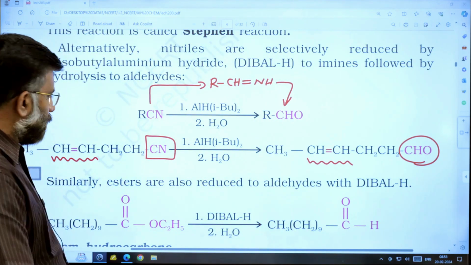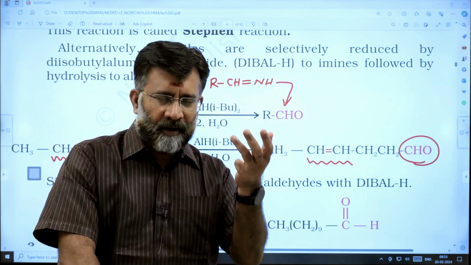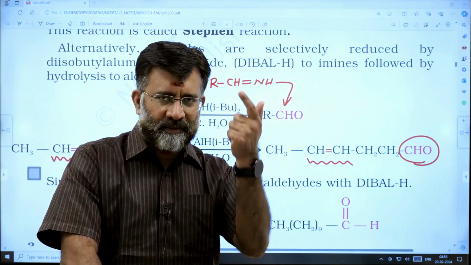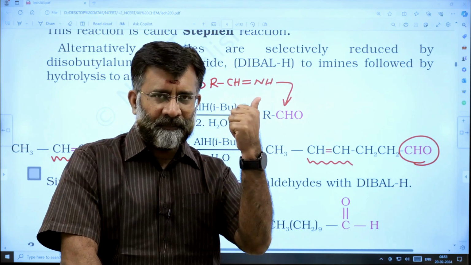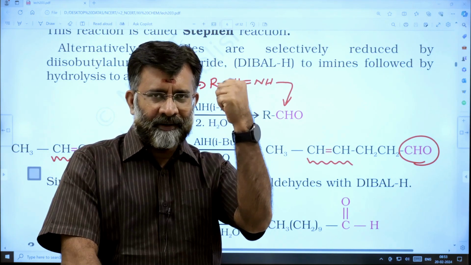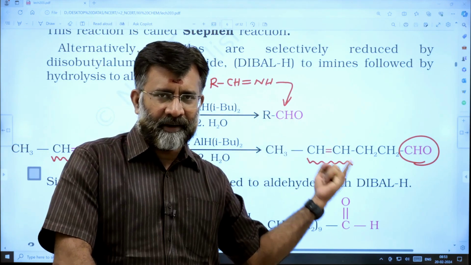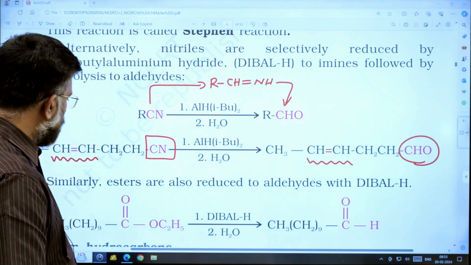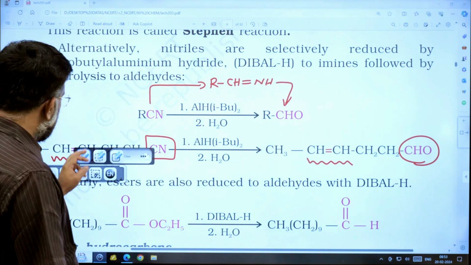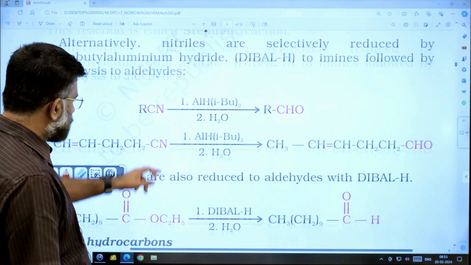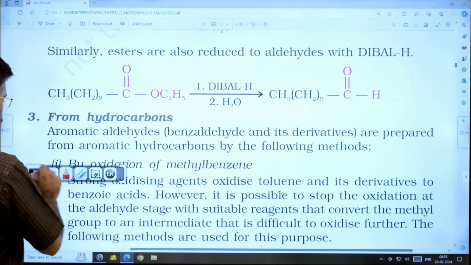So, reaction number 1, reduction of alcohol, hydrogenation of alcohol, ozonolysis, hydration of alkyne, Rosenmund reduction, Stephen reduction, and now using DIBAL-H. DIBAL-H may also help us reduce acids and derivatives. Esters can be reduced to aldehydes.